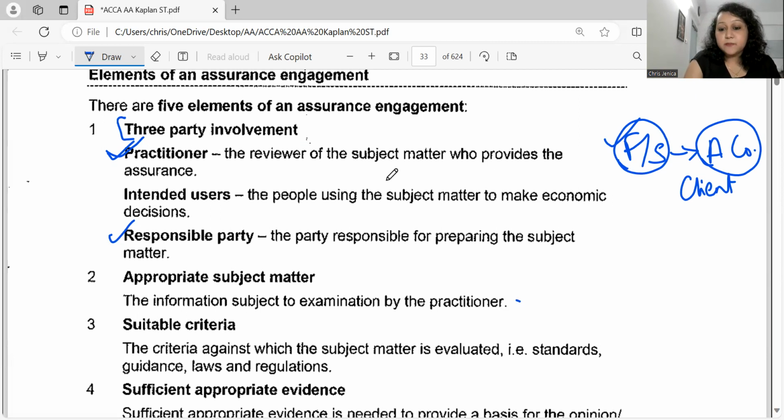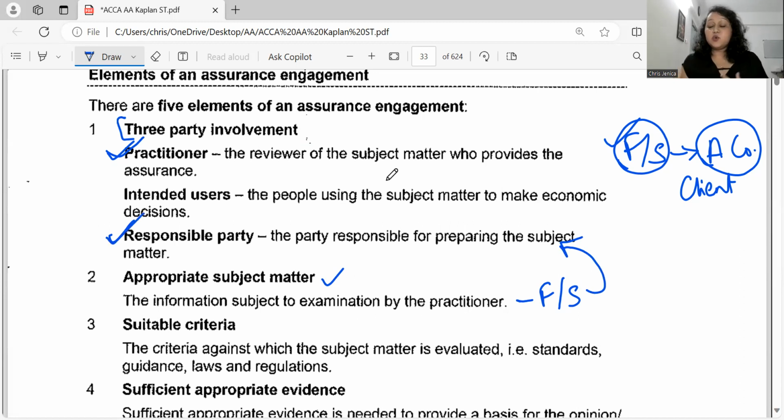So this is called a subject matter. This subject matter is being provided to me, the practitioner, by the client company, which is the responsible party. They are the ones who are responsible for providing all the information and documents that are necessary for me to carry out the audit. So the financial statements will be the subject matter on which I'm going to provide an assurance.